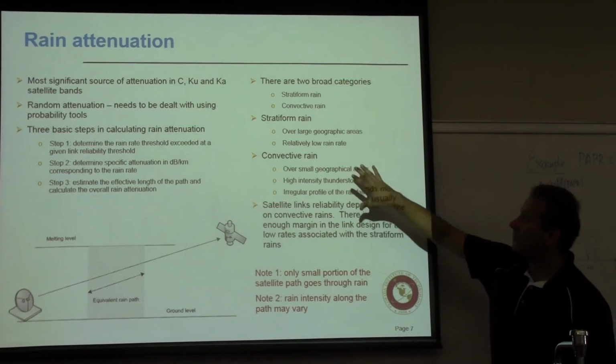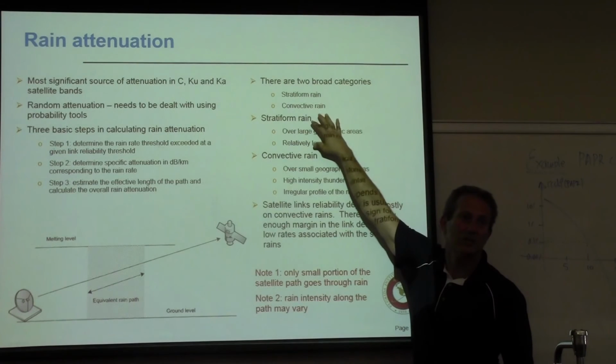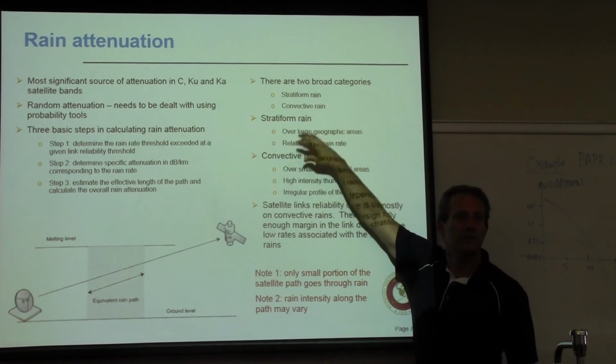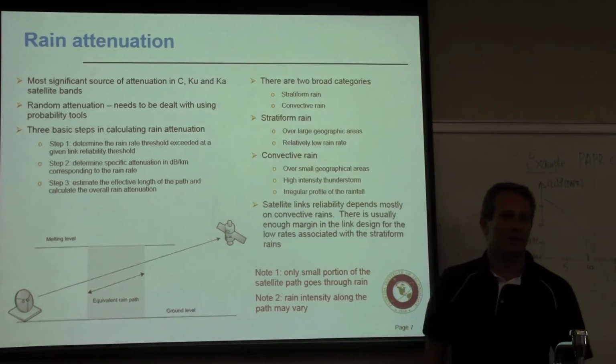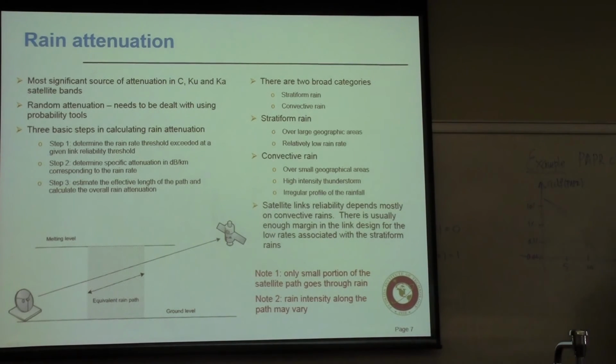So if you design for these, you're going to take these into account as well, because it usually does not happen that they're simultaneous. It really either rains or pours.